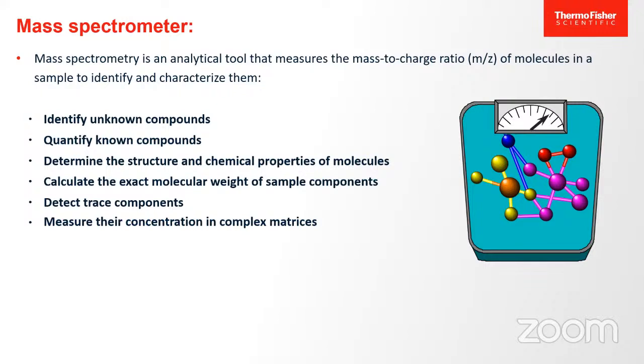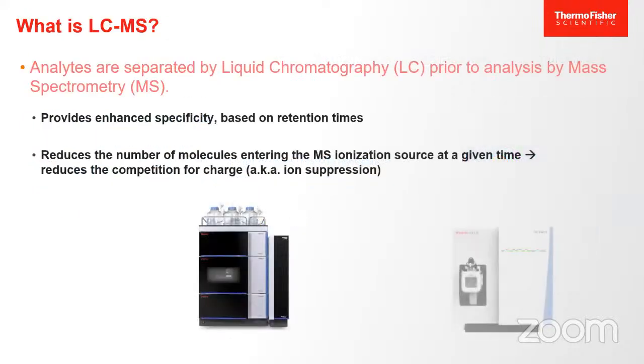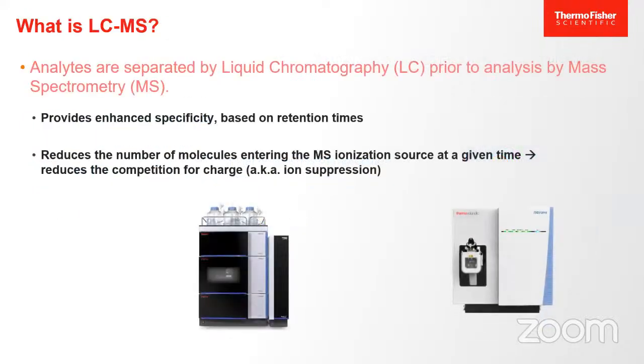When we talk about the lower level of detection, that's where different models come into the picture: it can go up to the femtomole or femtogram level. So with a low limit of detection, it becomes a very handy and useful tool, both for researchers as well as for biologists.